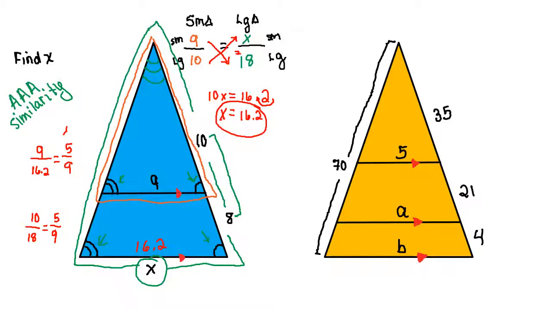Moving along to the next triangle, this one just has 3 inside here. Similar things are going on. Because they're parallel, we've got corresponding angles here. The top one is, of course, congruent to itself. And so they're similar because of the AAA similarity postulate.